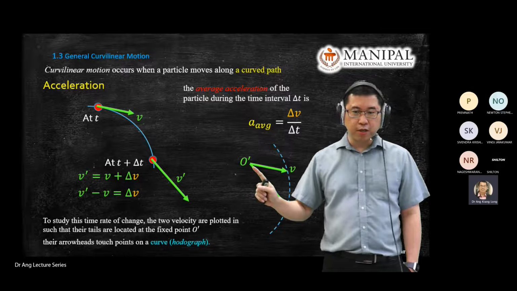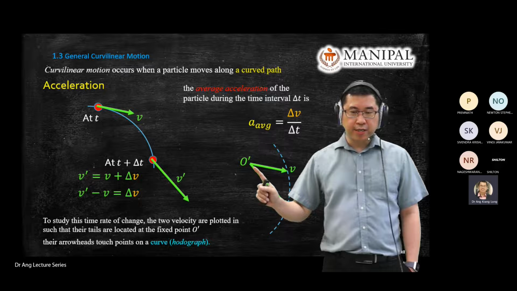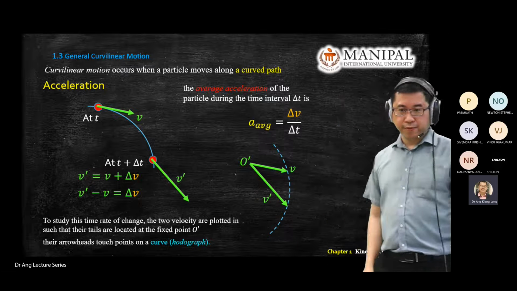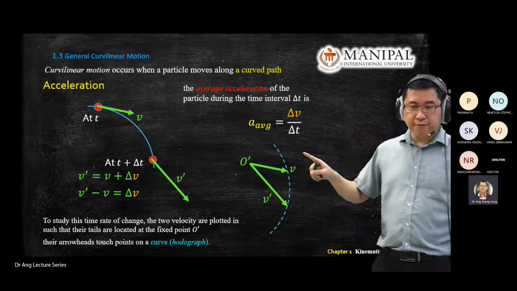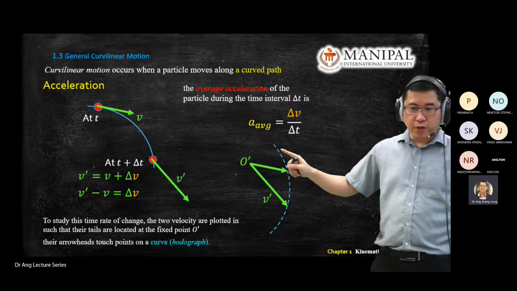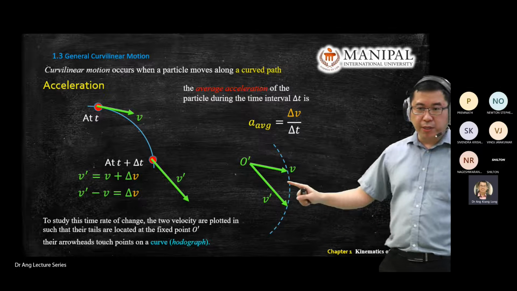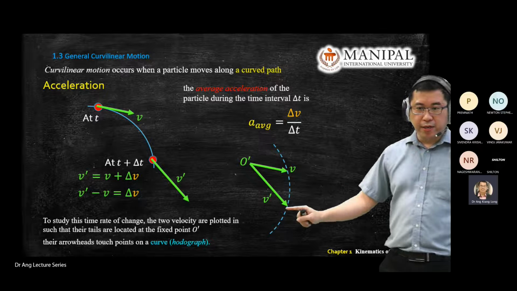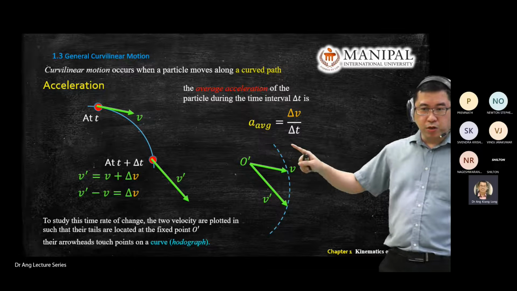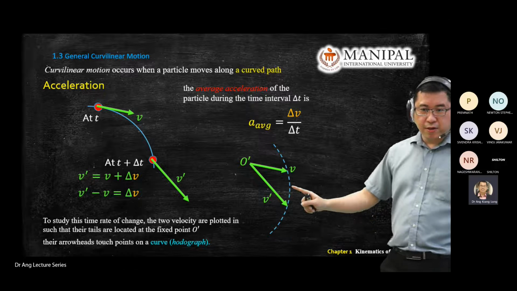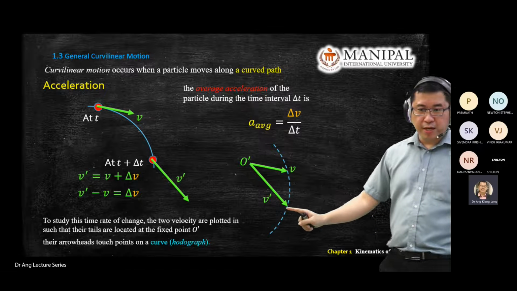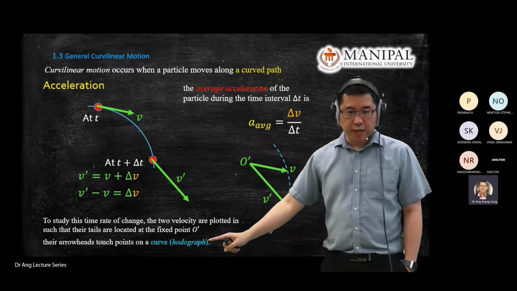You just put the two vector together that start with the origin. And to make these two vector relevant that move in the curve path, you add the curve between the arrowhead, and you can do a curve along the V to V prime. We call it hodograph.